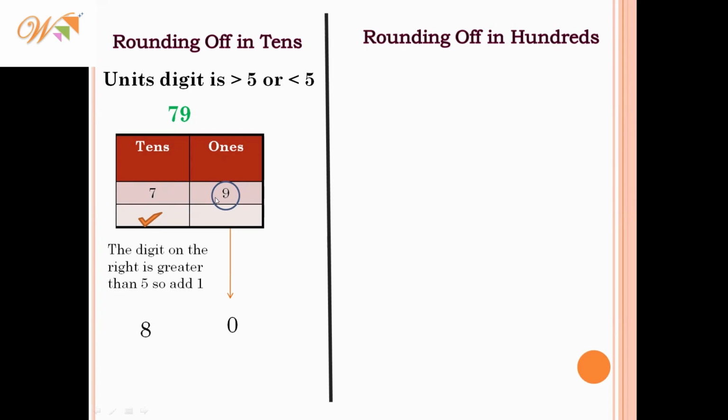So this time 7 became 8. But if this digit was less than 5, then 7 will not get anything and 7 will come down as it is. Let's say we have to round off in hundreds. Then what? Then we will look at the tens digit number, because the digit just right of the hundreds number will be the tens digit number.